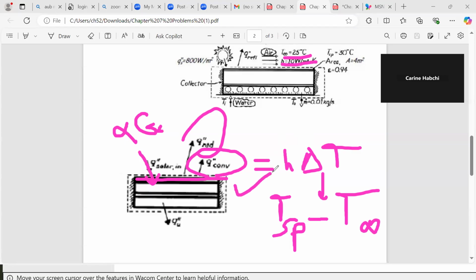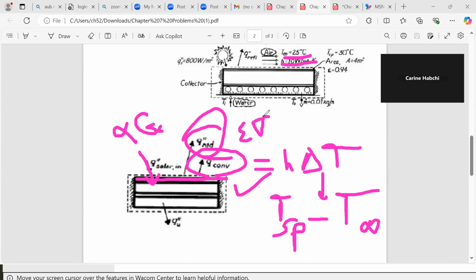So I can calculate the heat transfer by convection. Now for radiation flux, okay, what is the expression? Epsilon. This is the emitted flux, okay? It's epsilon sigma. They told me, assume you have radiation with the sky. And they gave me the temperature of the sky.